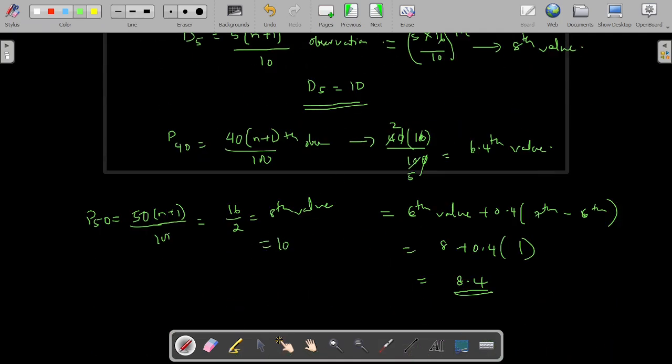So P50 equals 10, which is the same as D5. D5 gives you 50% of the data distribution, and P50 is also the data value below which 50% of the data falls, so both are the same. Even if you calculate Q2, that also comes out to be 10.